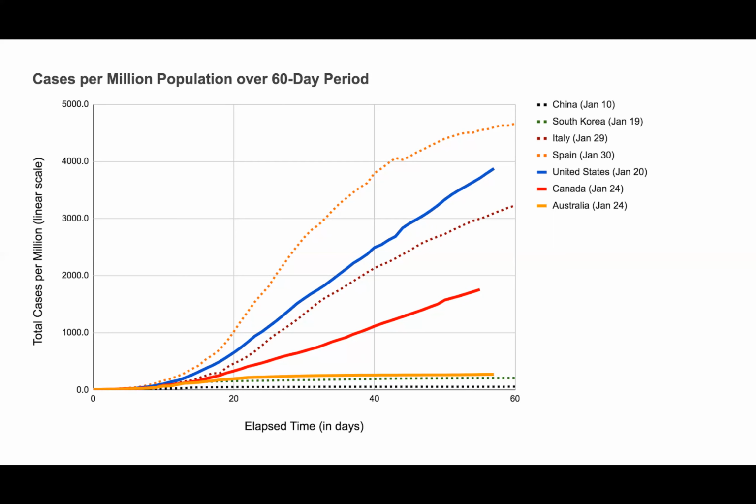And you can see Canada is not as good as Australia, but we're not as bad as Italy, the US and Spain comparatively over the first 60 days of the virus being in the country. So this has been over 60 days, and so we're looking at just under 2,000 cases per million people in Canada. Is that the way to interpret that? Just something like 1,800, something like that, cases per million population.